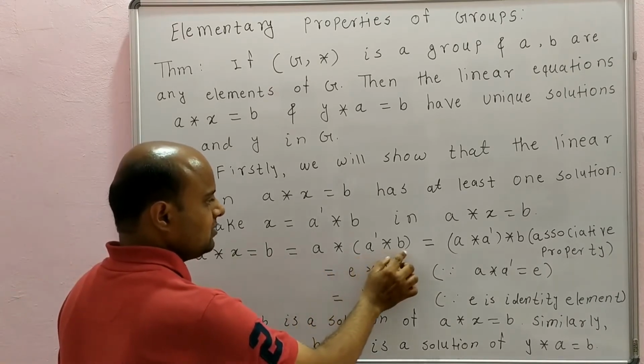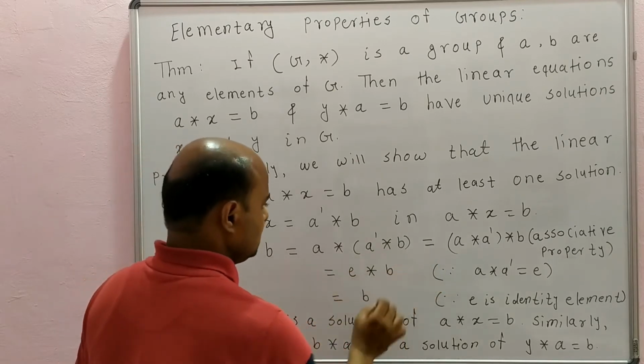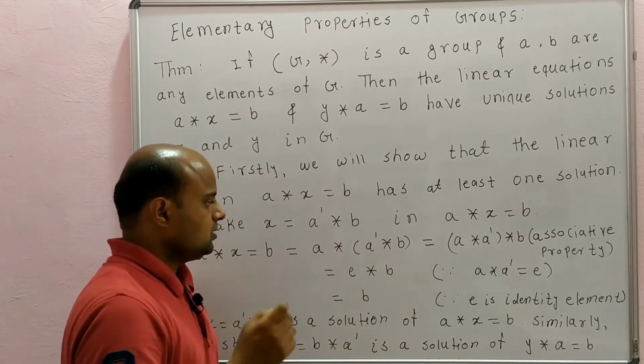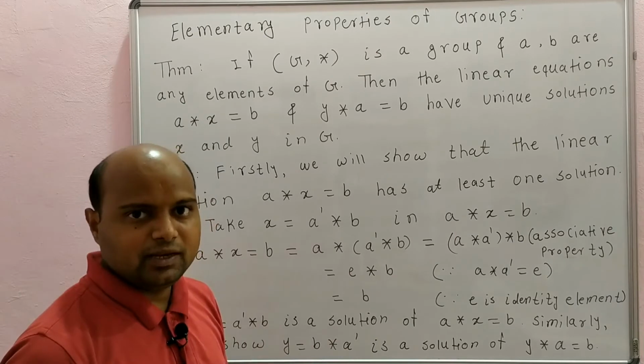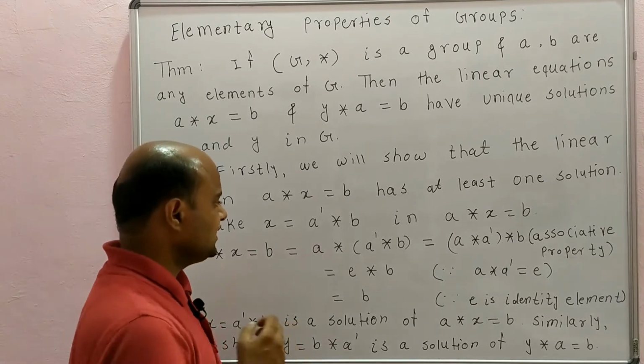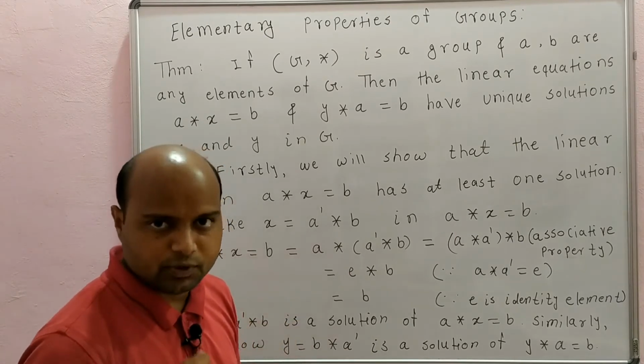Now, we know G is a group with binary operation star, therefore star satisfies the associative property.